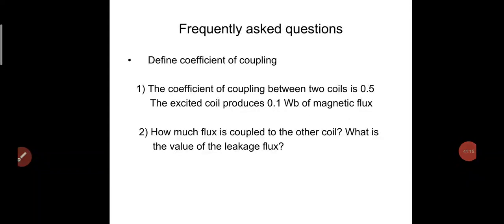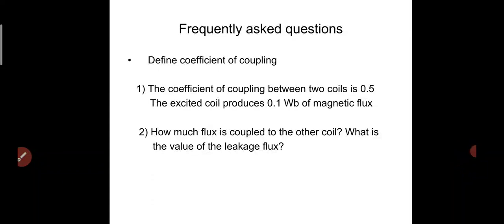So the coefficient of coupling is an important topic. What is the definition of coefficient of coupling? The coefficient of coupling between two coils is defined as the fraction of magnetic flux produced by the current in one coil that links the other.